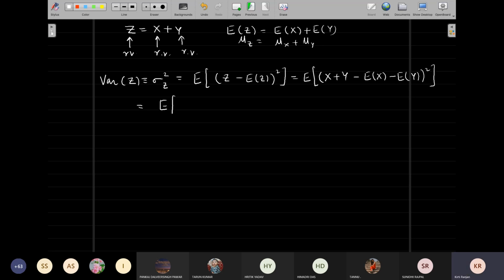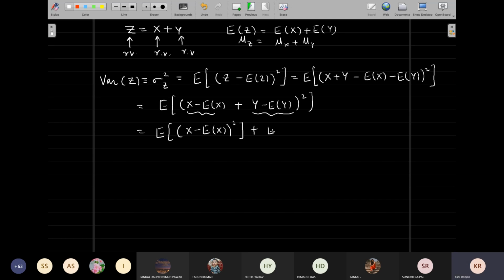Then you collect the terms x minus Ex together plus y minus Ey together. That's it. And use this as the first term, use this as the second term, open this bracket. x minus Ex square plus y minus Ey square, and then what?